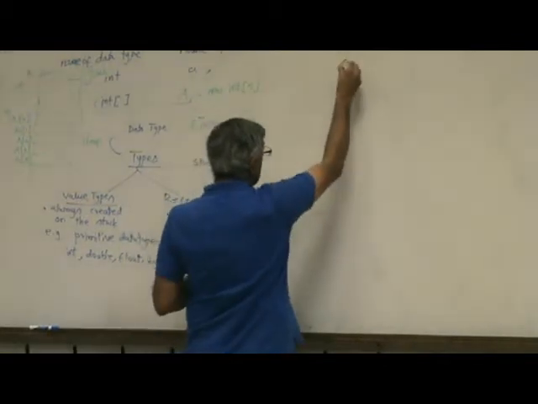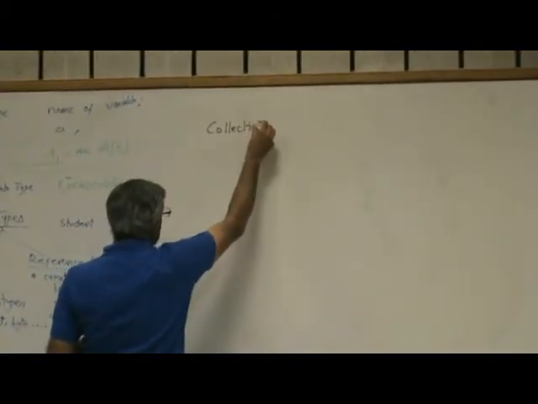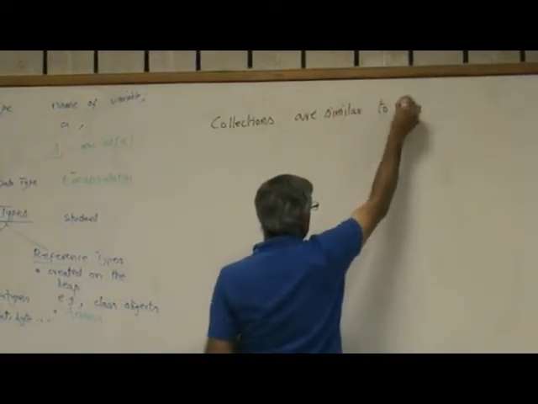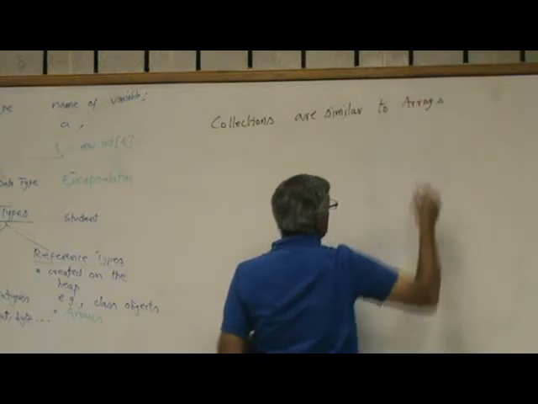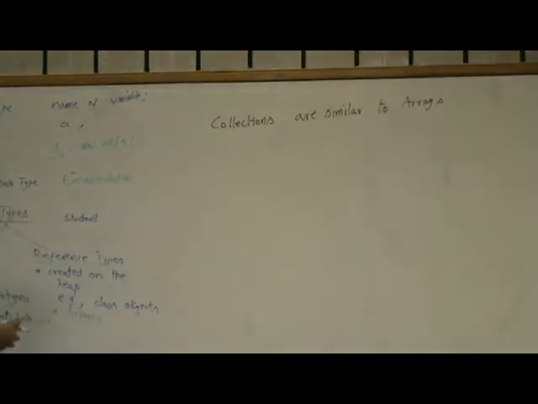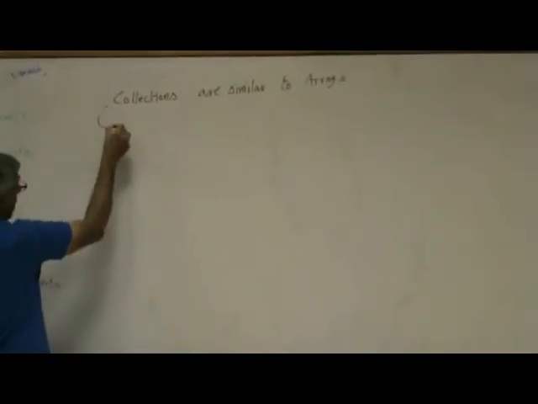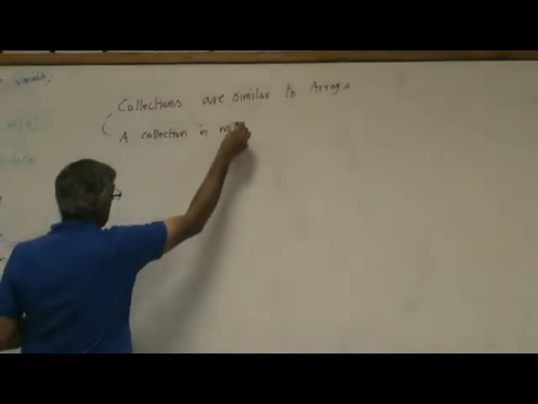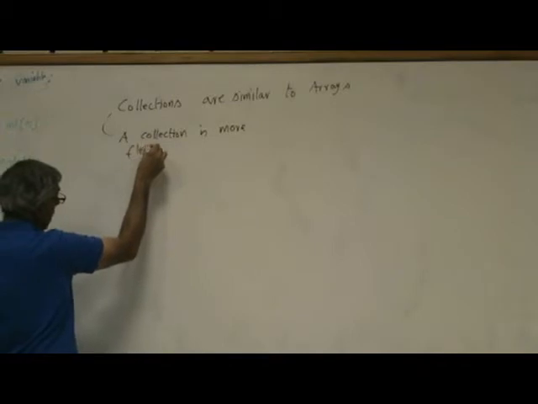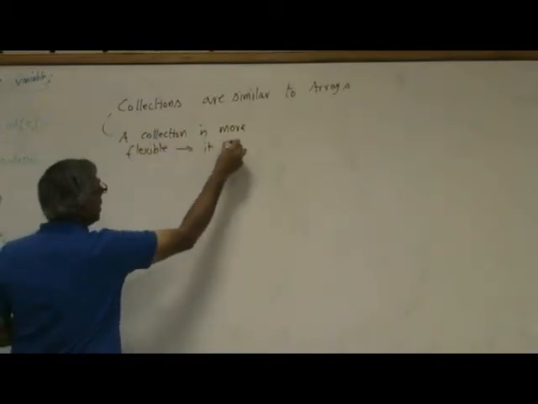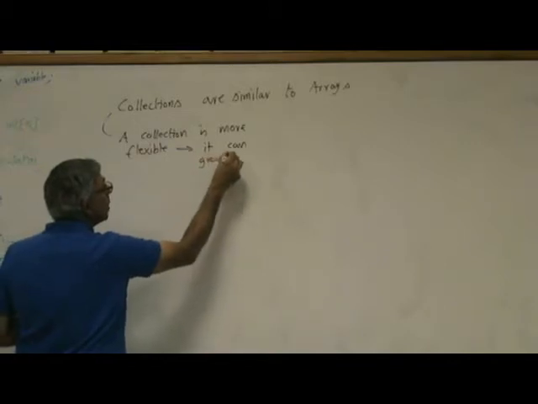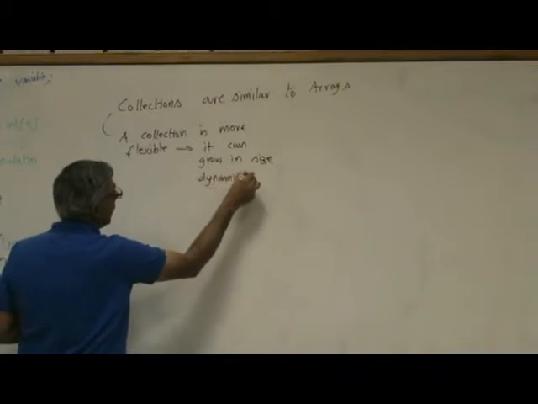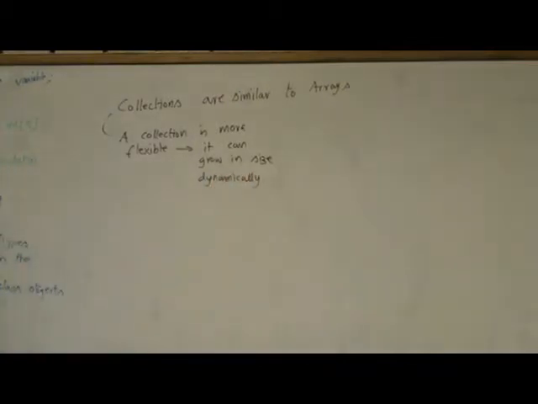Collections are similar to arrays, meaning their purpose is also to store a lot of data, with one difference: a collection is more flexible, meaning it can grow in size dynamically. So that's one of the advantages of a collection.